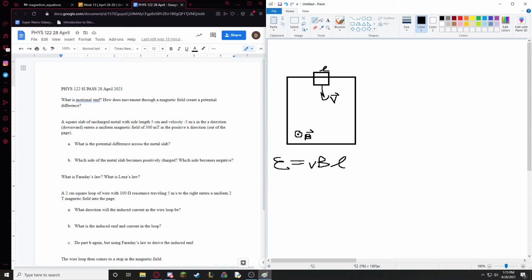What direction is your thumb pointing? To the left. Now, is the right-hand rule for positive or negative charges? It's for positive charges, exactly. Our negative charges are going to go in the opposite direction. So we have all our positive charges on the left, and all of our negative charges on the right.